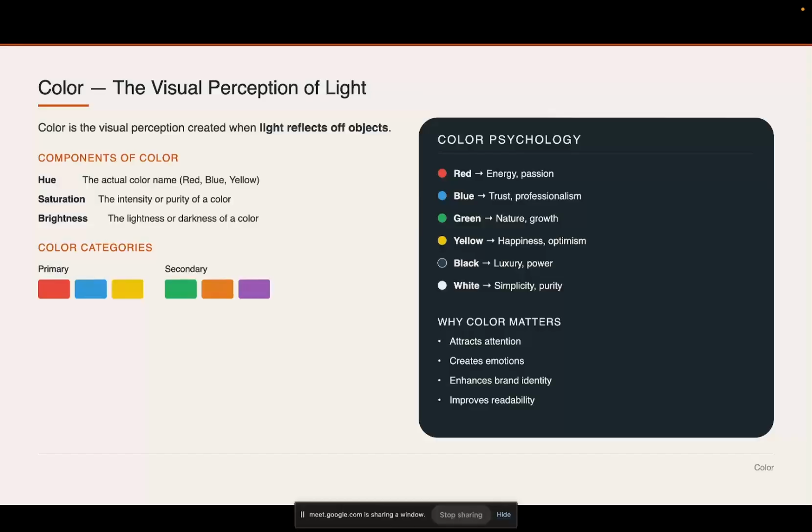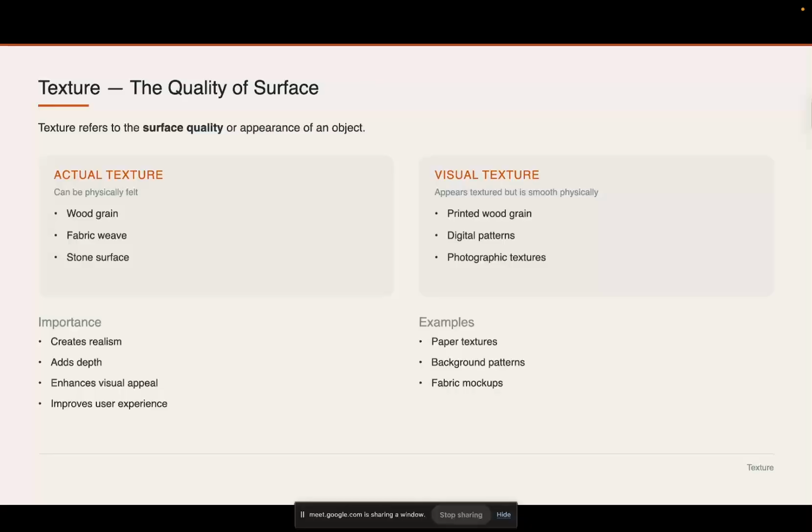Saturation is the intensity of the color. It is either very intense or it is faded. Brightness is how dark or how bright the color can be. I'm going to show you that also using Adobe Illustrator.